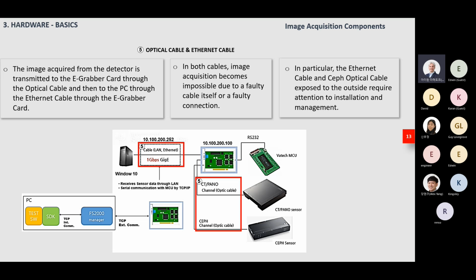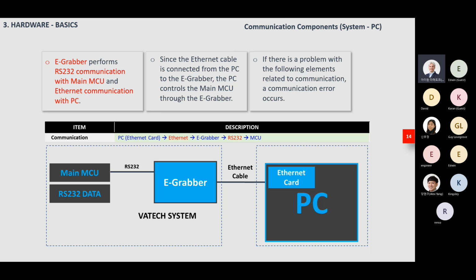You will need to be careful during the installation not to break those optical cables, especially optical cables. This is the part where I will show you more detail in different material later.